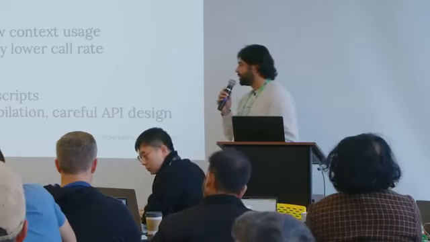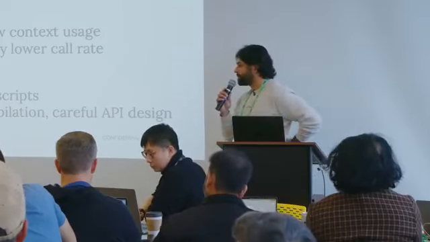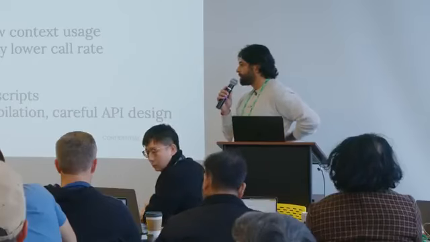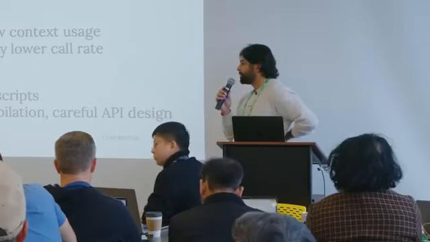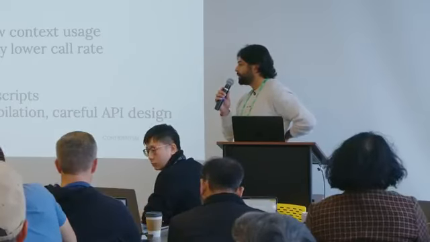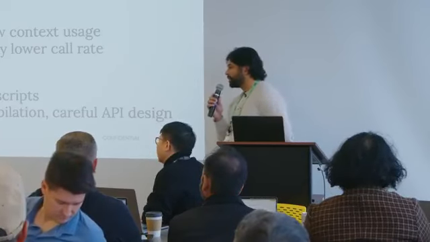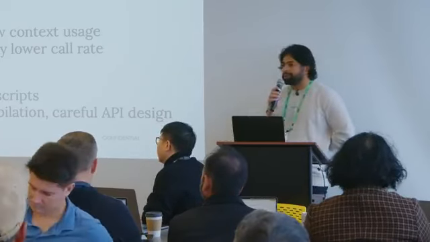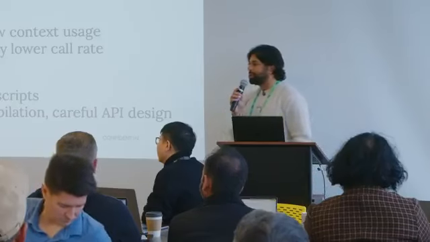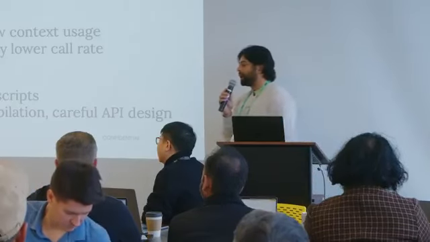Do you find that you need to use the skills structure to help Claude use bash better, or out of the box that's not necessary? So the question was about skills, and do we need skills to use bash better?